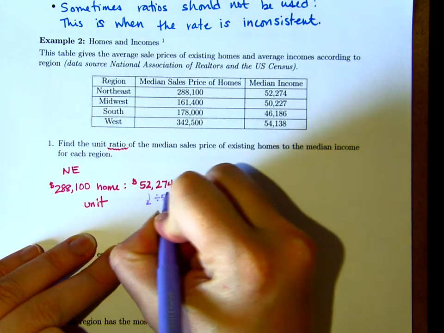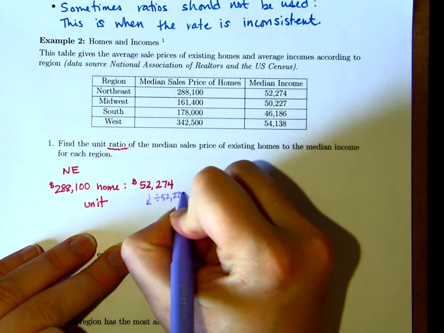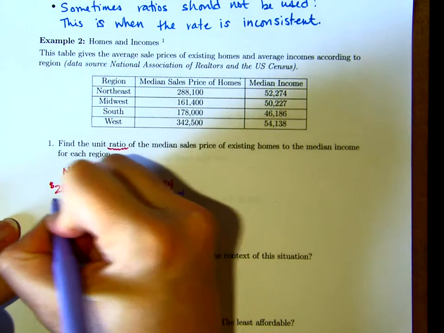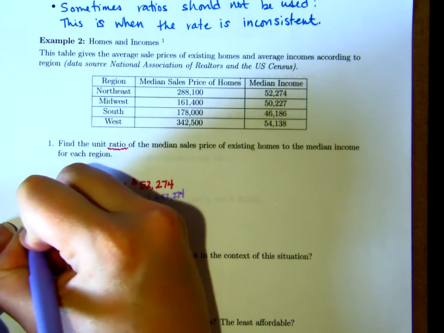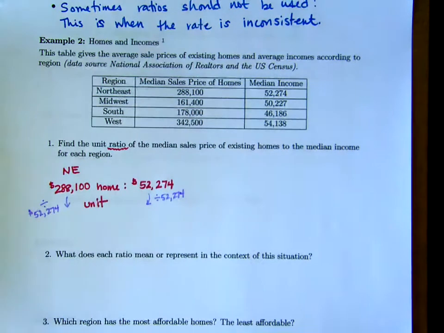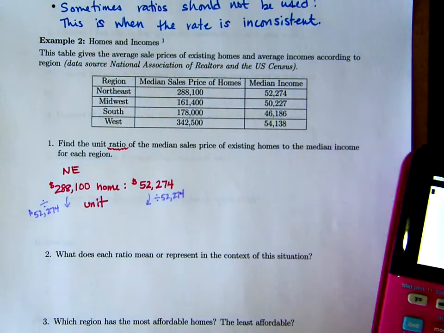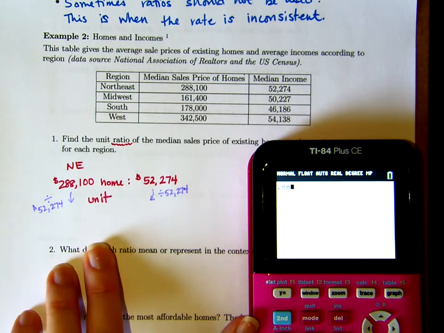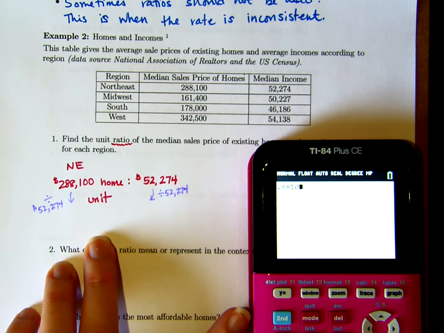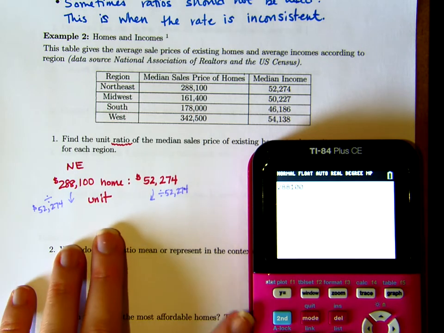Scale down by 52,274. For every dollar of income that you have, how much are you spending on your home? 288,100 divided by 52,274.